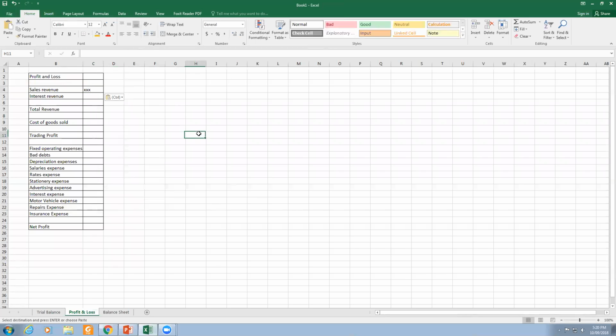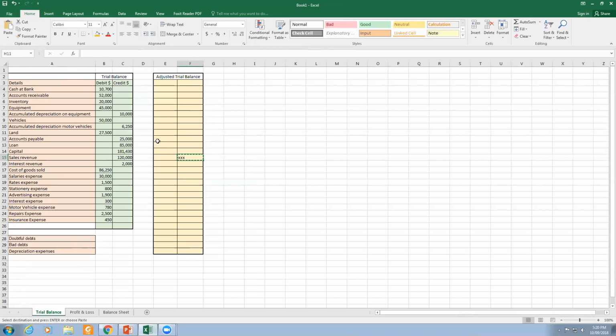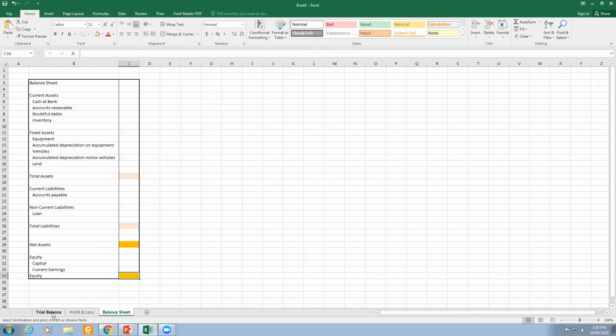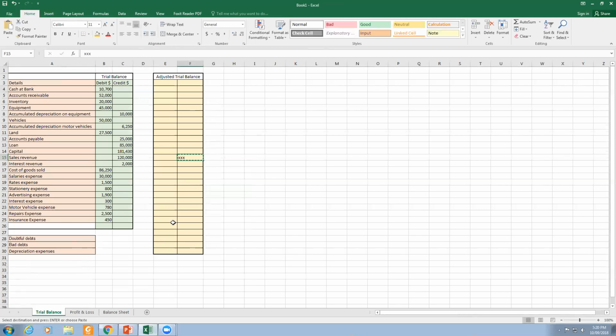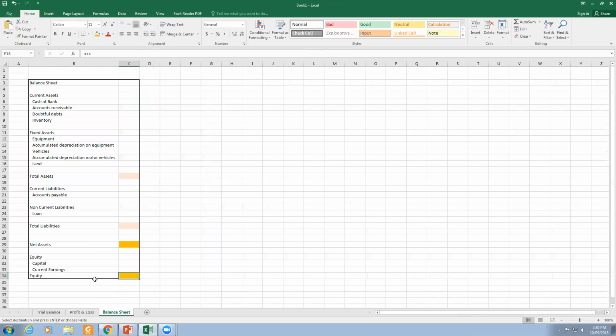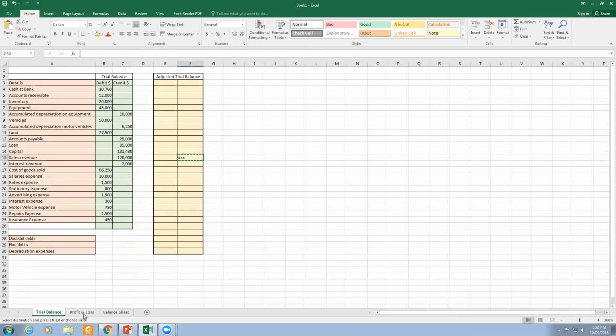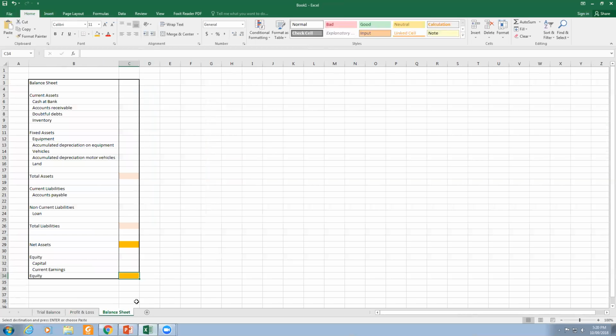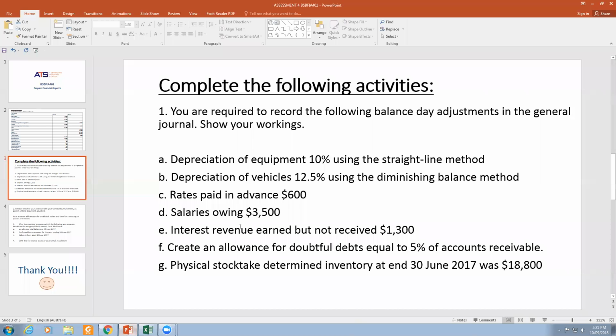I can create a link also, right? So that's it. All of these expense accounts are from this adjusted trial balance, also the balance sheet ones, right? Then you'll get a profit and so on. The profit is actually going to here. So that's it. You need to prepare a balance sheet, profit statement, and trial balance like this.